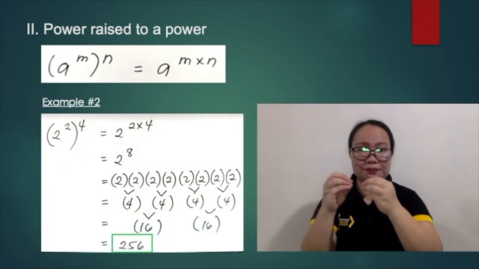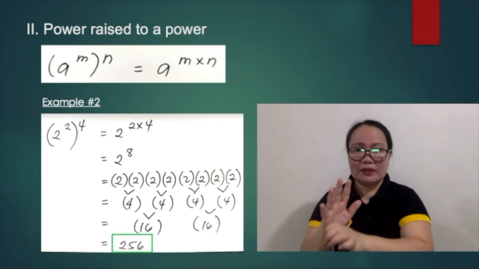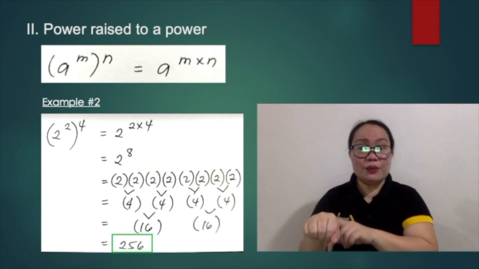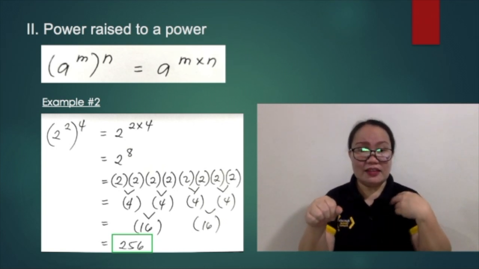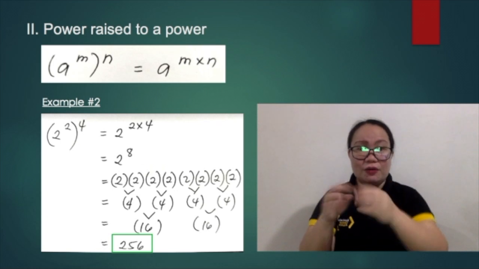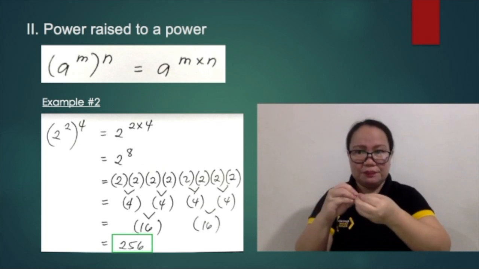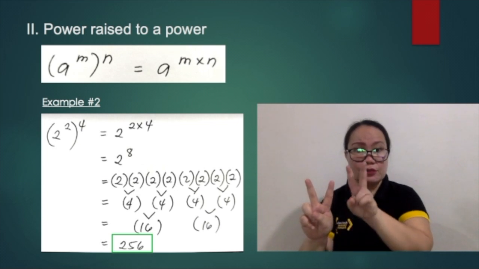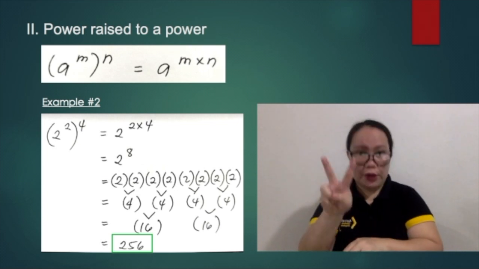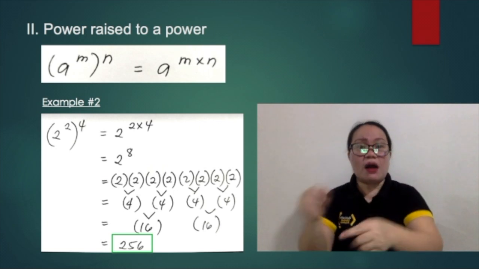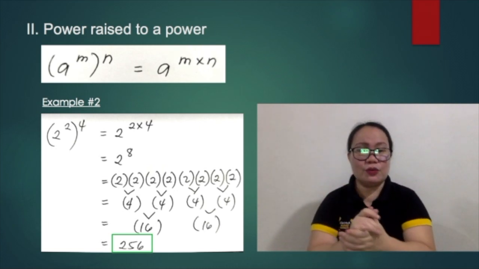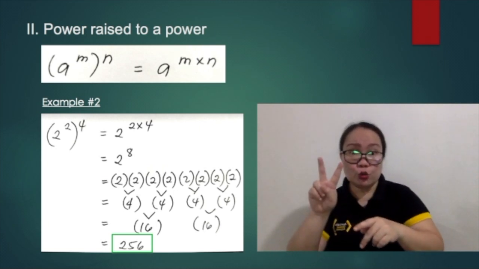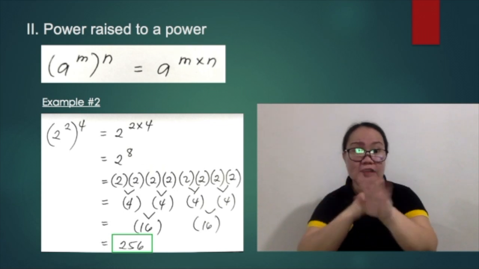Next example. So this time we have a number or a base which is a number. So 2 squared raised to the power of 4. So multiply 2 by 4.